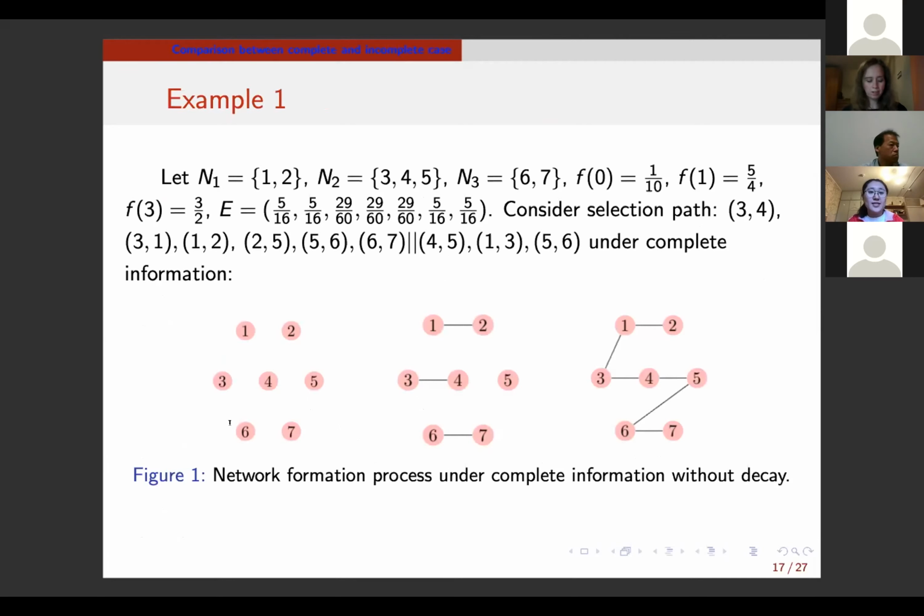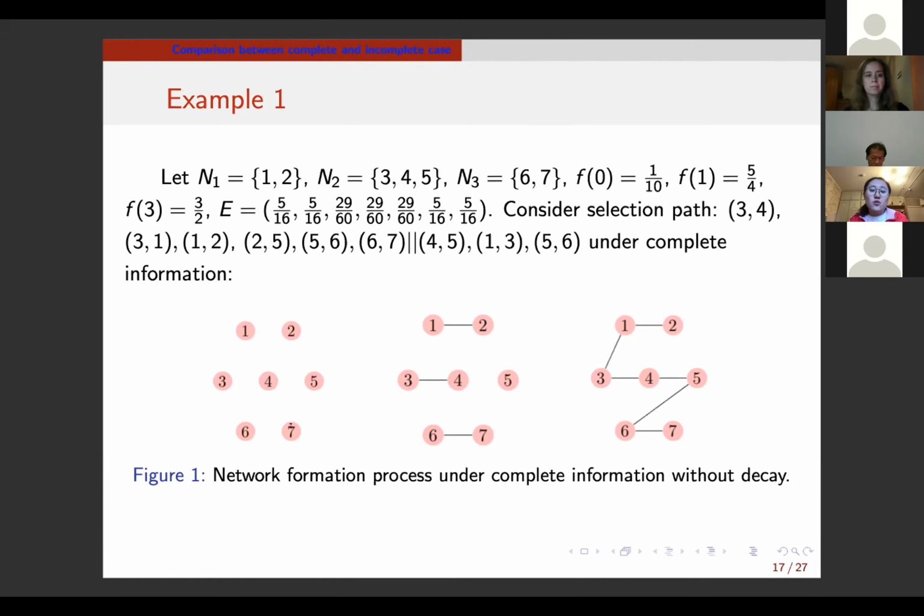In the first example, there are 7 players and 3 groups. The cost of different links is given, and the expected costs for players are also given. Here, we consider a specific selection path under complete information and without decay.